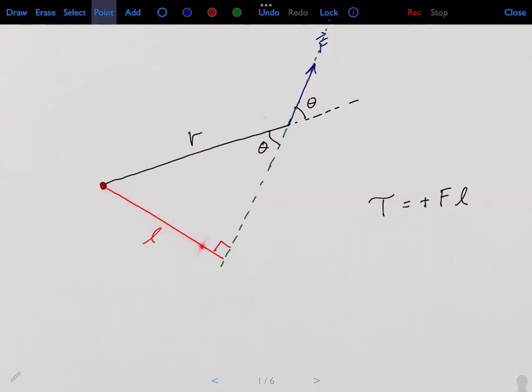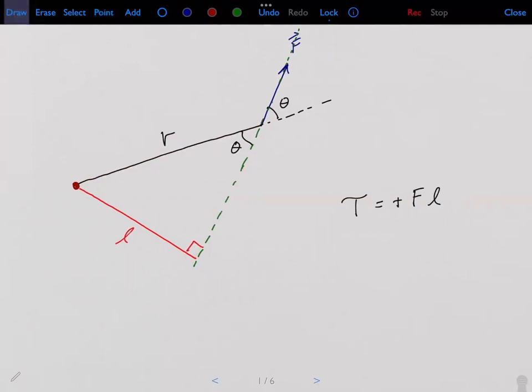And then to figure out this moment arm here, if you think about it, you have a right triangle here. Let me draw this one more time. So I have a right triangle. This angle is theta, this is R, and I'm looking for L. Relative to that angle theta, the L is opposite and the R is the hypotenuse, right?